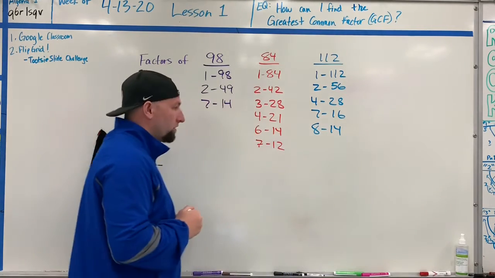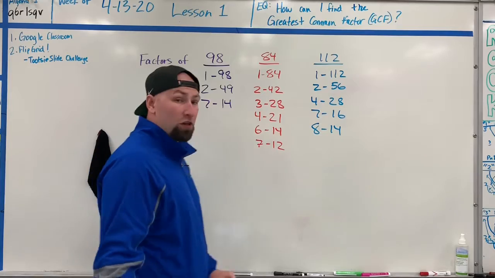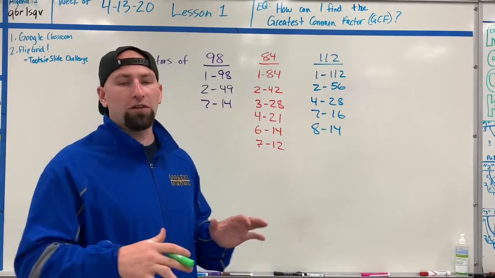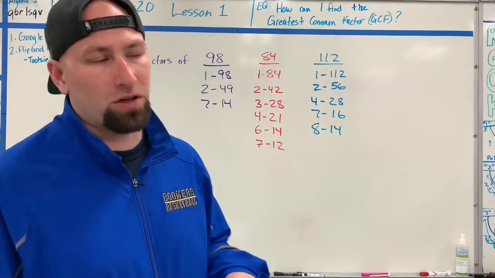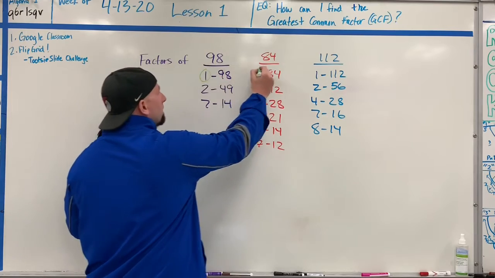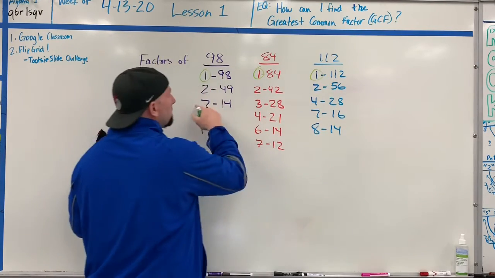So what we're going to do is circle all the numbers that are common, because we're looking for the common factors, but we're also looking for the greatest common factor. So we got 1, obviously. We got 2.